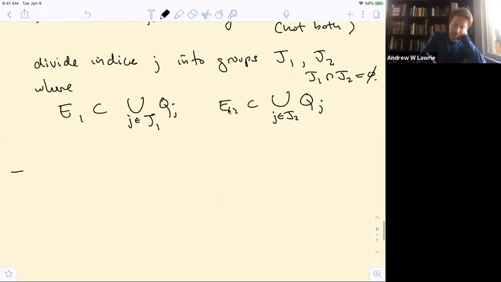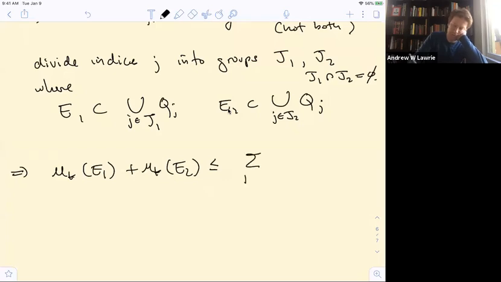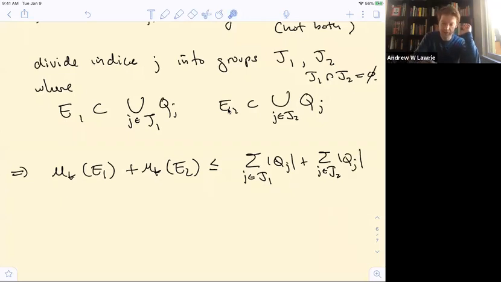Then mu star E1 plus mu star E2 is less than or equal to the sum over all j in J1 of the volume of Q_j plus the sum over all j in J2 of the volume of Q_j, because this collection covers E1 and this collection covers E2. So this inf is bounded above by this object, and this inf is bounded above by this object.